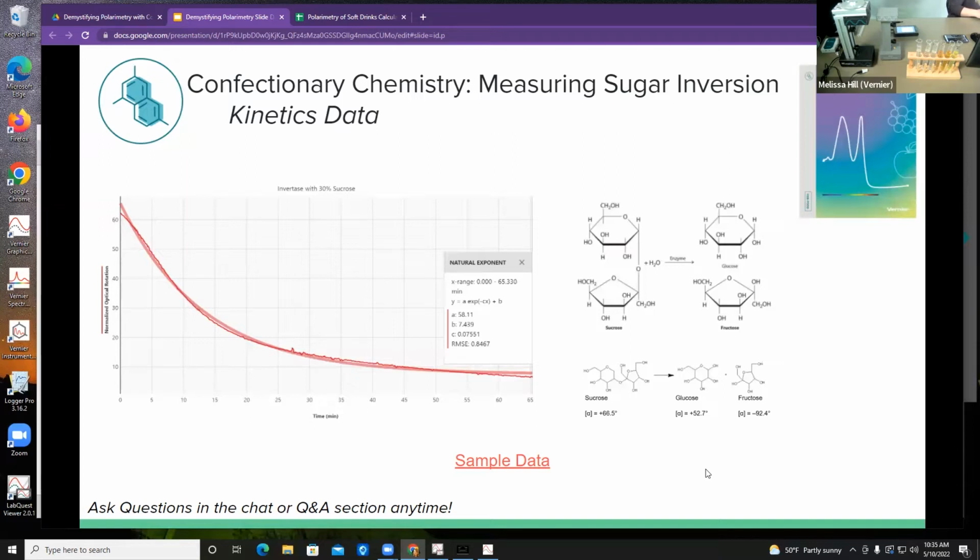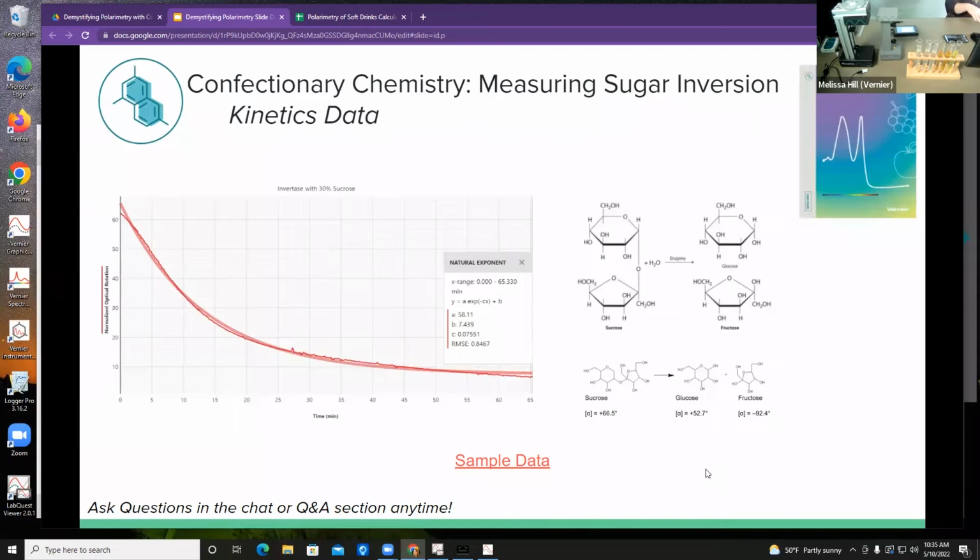So we look at this reaction that involves sucrose, a disaccharide, and an enzyme that is very easily commercially accessible. Flinn sells it, and lots of different chemical companies will sell invertase. It will bind sucrose and break it into glucose and fructose. So you go from an optical rotation of sucrose that's plus 66 to less than that, because the fructose is minus 92.